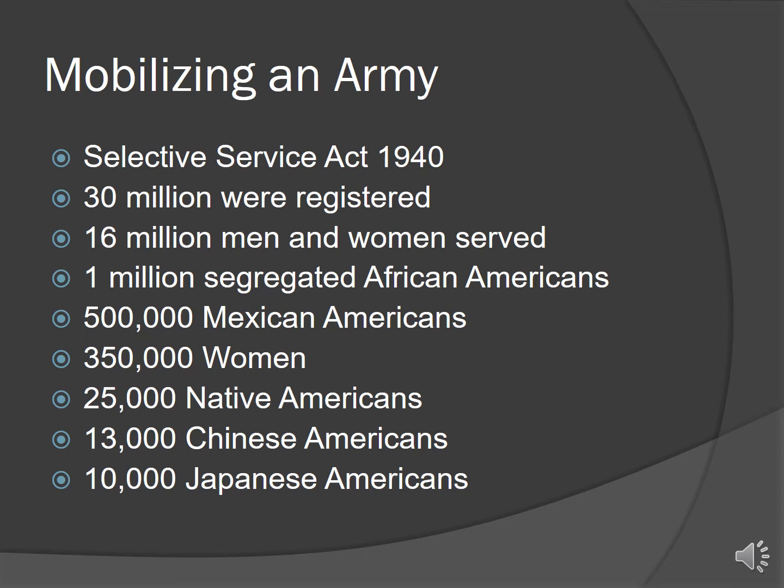That will include 1 million segregated African Americans, 500,000 Mexican Americans, 350,000 women, 25,000 Native Americans, 13,000 Chinese Americans, and then 10,000 Japanese Americans who will actually serve towards the latter part of the war, 1944 on, when the War Department actually goes to the internment camps to recruit young men for the war effort in Europe.